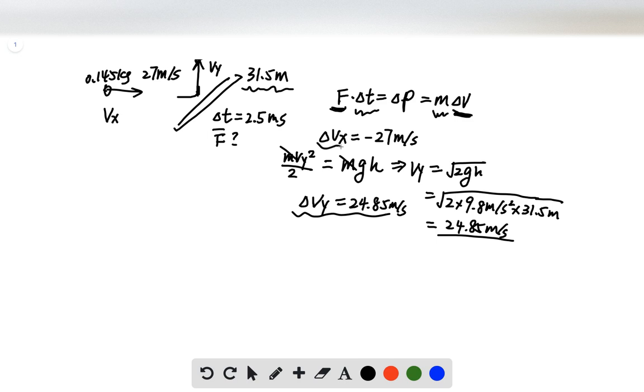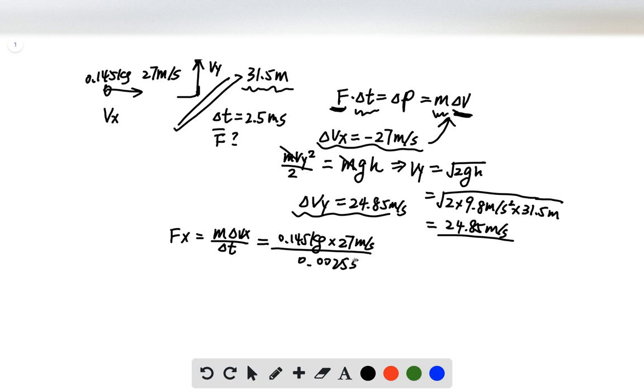Now, with these two numbers, we can find Fx is m delta Vx over delta T. And that is 0.145 kilogram times 27 meters per second over, a millisecond is 0.0025 second.